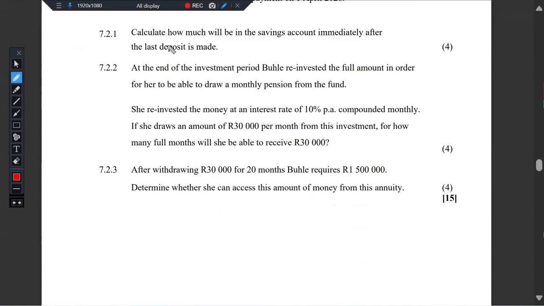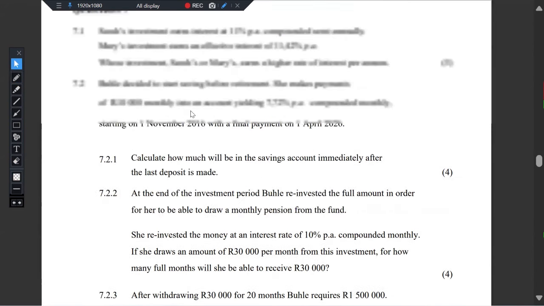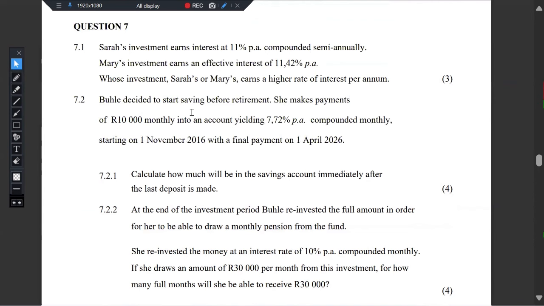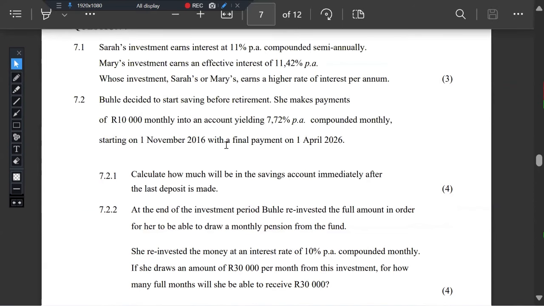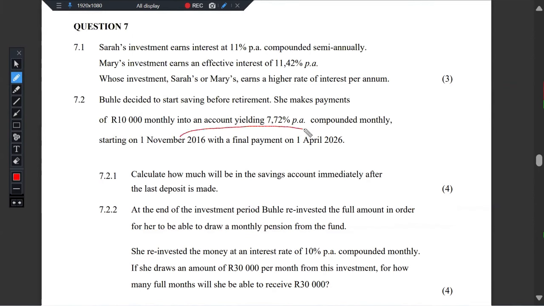They say calculate how much will be in the savings account immediately after the last deposit is made. Now we can see that we are given 1 November 2016 to 1 April 2026. So we need to figure out how many months are in between. If you calculate that, you will find that the number of months in between is actually 114 months, right?